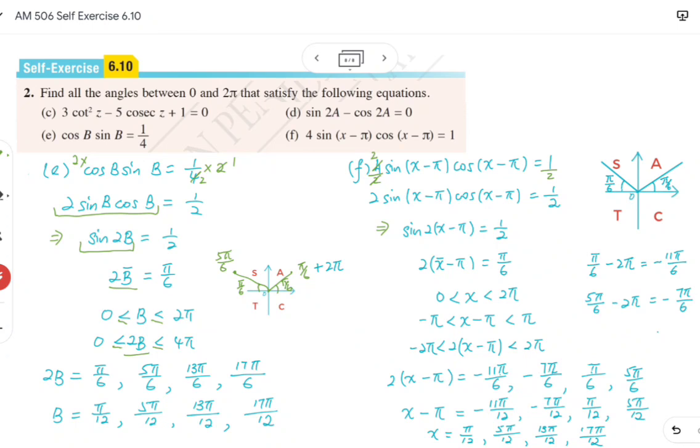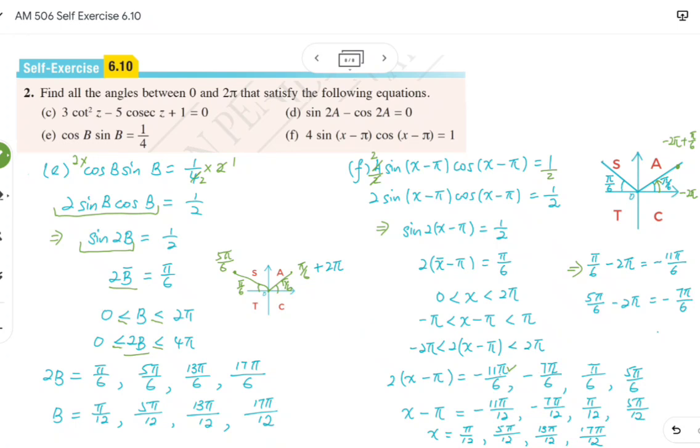Alright? So if this is from negative 2 pi, then we turn anti-clockwise and reach here. So the first angle should be negative 2 pi plus pi over 6. Therefore, we get negative 11 pi over 6, the first angle.